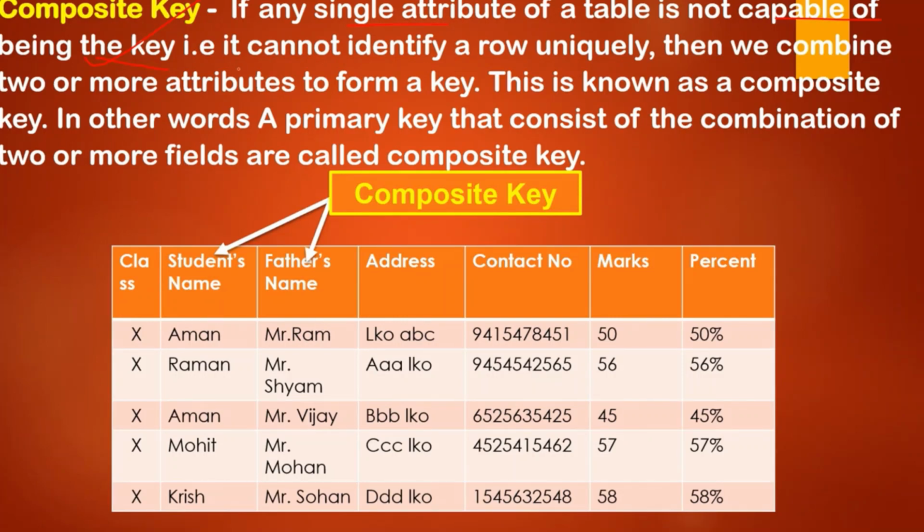Otherwise it cannot identify the row uniquely. तो ऐसा है कि हमें तो फिर रो तो यूनिकली आइडेंटिफाई करनी ही है. अगर कोई एक पर्टिकुलर फील्ड नहीं है तब आप क्या करेंगे, तब आप एक से ज़्यादा फील्ड को एक साथ कॉल करेंगे, एक साथ उसको सेलेक्ट करेंगे टू बी अ प्राइमरी की. So you can see here, in another word, a primary key that contains the combination.